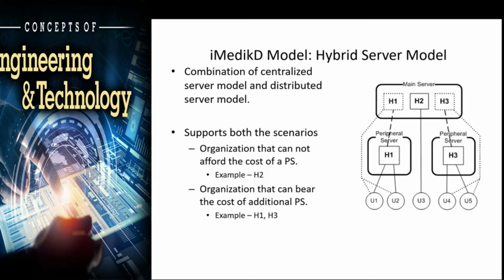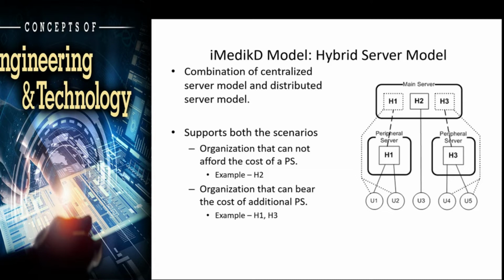Here we have the main server, which is connected with the peripheral servers, and through them we connect the different users. Sometimes a user is directly connected to the main server also. You can see the peripheral servers here, through which we are connecting U1, U2, and then U3 is directly connected to the H2.